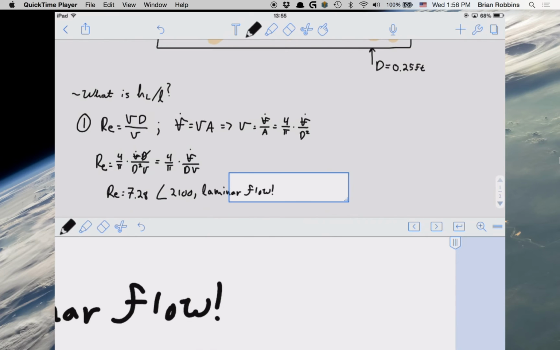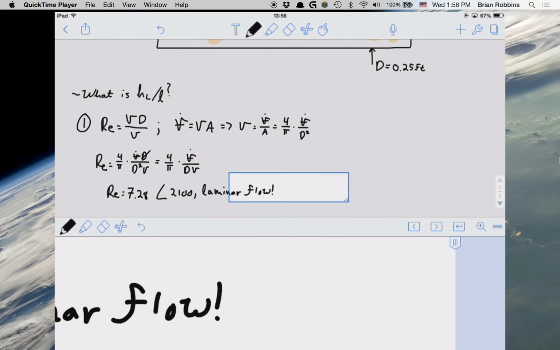Now, in these particular problems, it's incredibly important to calculate Reynolds number as soon as you can. By calculating Reynolds number, you can determine whether your pipe flow is laminar or turbulent, and this will help you determine which equations you can use to determine things like the entrance length or your Darcy friction factor, because the expressions that you need to use to calculate those are completely dependent upon whether you have laminar flow or turbulent flow.